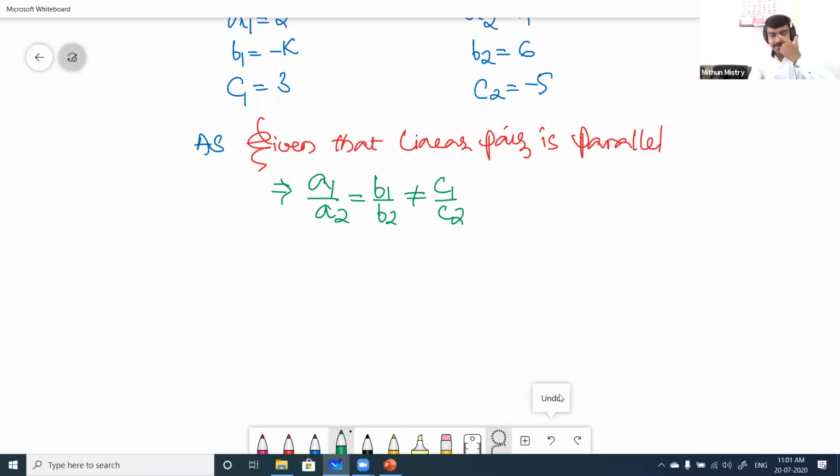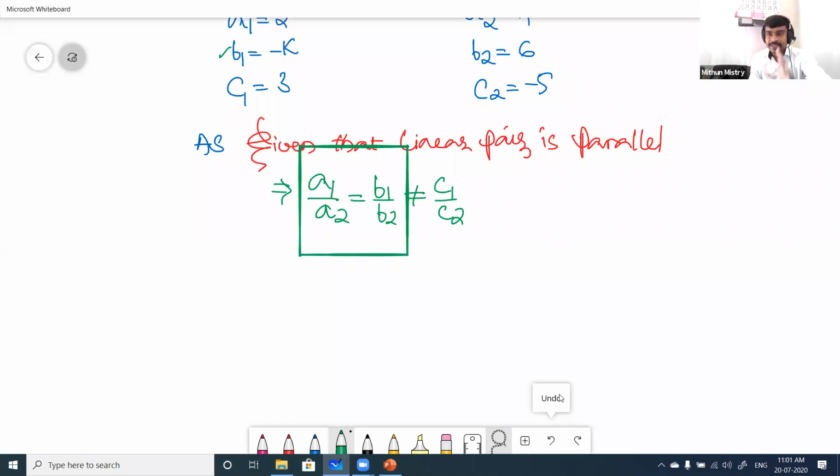Here what we actually want is B1, so you try to take the ratio involving what you want. Only one ratio is enough for your job, so you need not take not equal to C1 by C2.